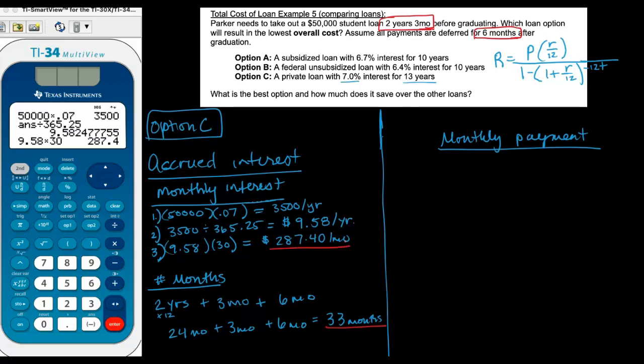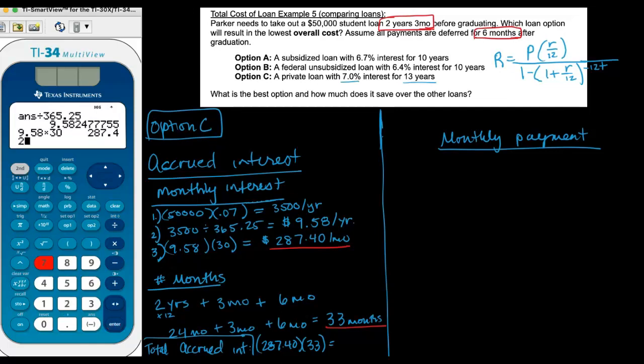And so now if I want to find the total accrued interest, all I have to do is multiply the $287.40 times the 33 months. And notice I didn't actually have to go through that process again, because that same 33 months that we figured out for the last option is the same for option C, because the student's in school for the same amount of time.